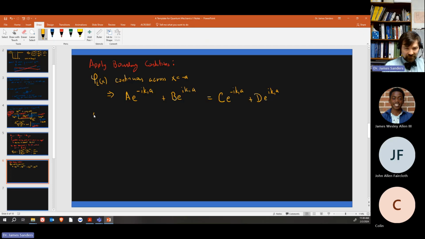Likewise, this must be continuous across x equals a. So now c e to the plus i k2 a and d e to the minus i k2 a, sorry, these are k2s, not k1s.